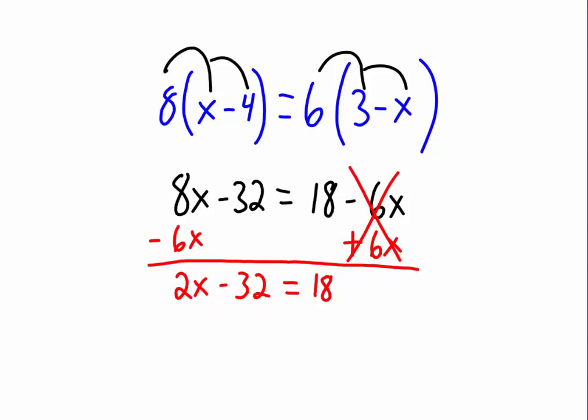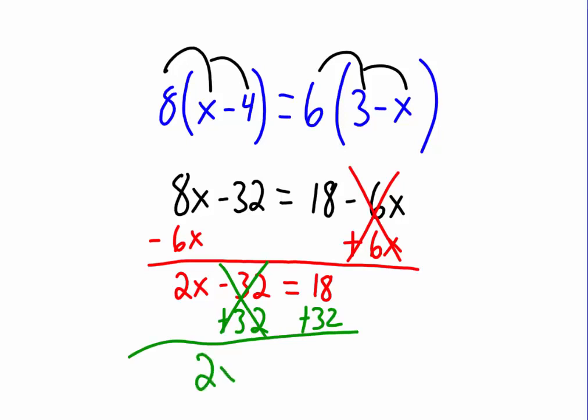So then we come over here and we go, all right, well, now we got plus 32, plus 32. And those go to 0. We have 2x equals 18 plus 32, I believe, is 50.